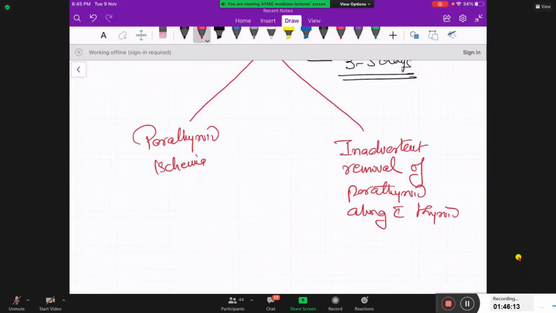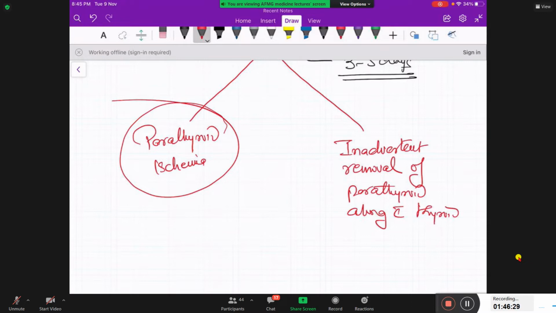Out of these two reasons, the more common reason is parathyroid ischemia.